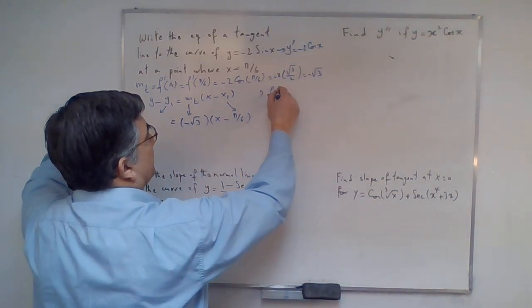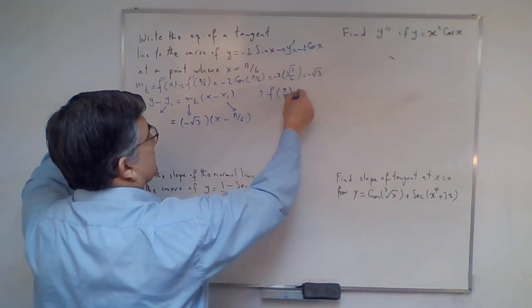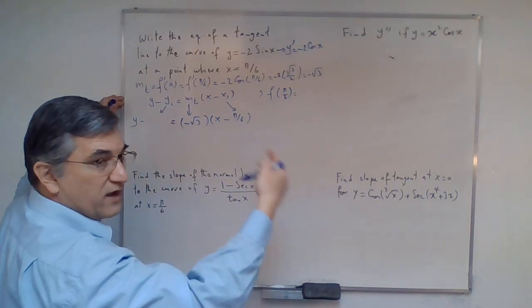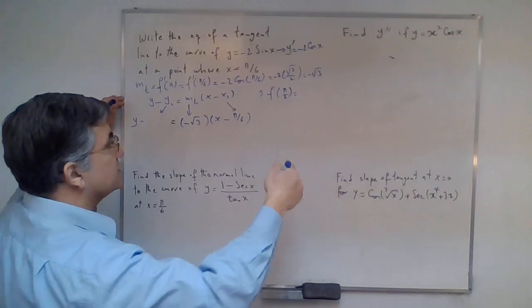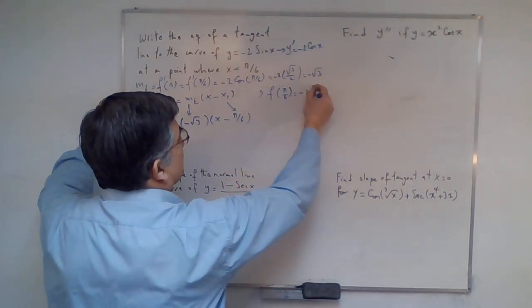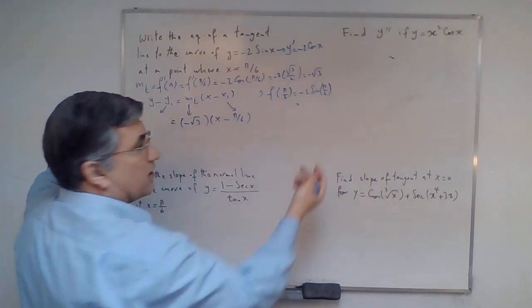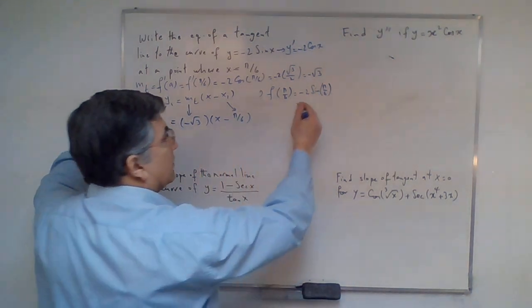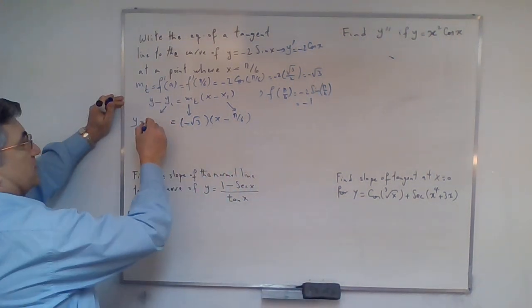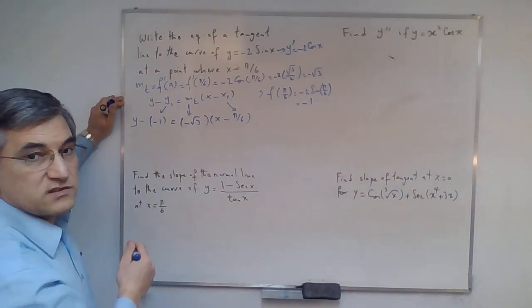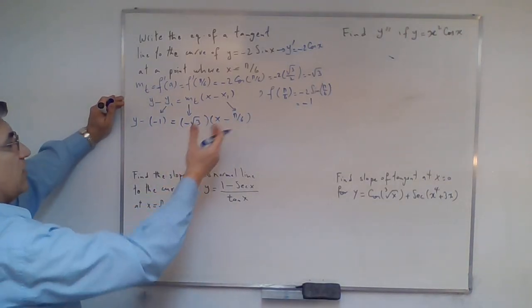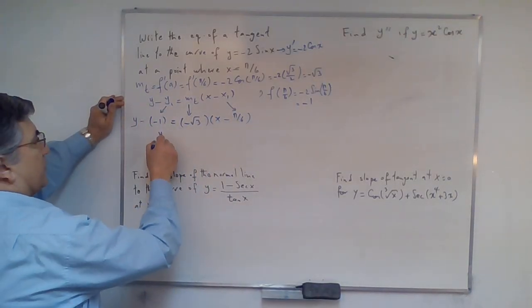I'm going to say f at pi over 6, which is the y value of the point of tangency. It's going to be -2 sine of pi over 6. So sine of pi over 6 is 1/2 times -2 is going to be -1. So now the puzzle is clear that y sub 1 is -1. So now all I have to do is to simplify what I got here.